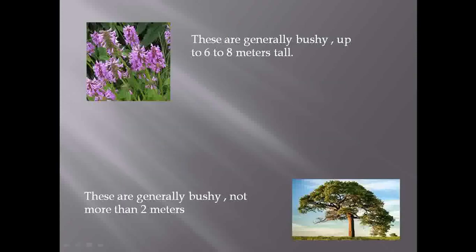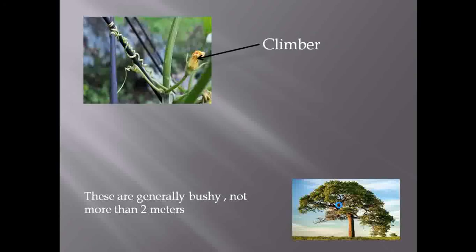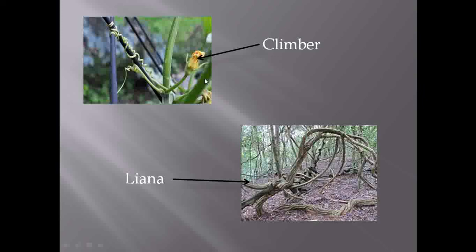The next one is the shrubs. Shrubs are also known as bushy plants which can grow up to 6 to 8 meters tall. Then the next category is trees. Trees are the species which can grow up to 2 meters or more than that. Then the next category under habit is climbers.